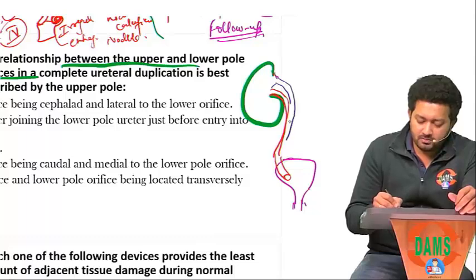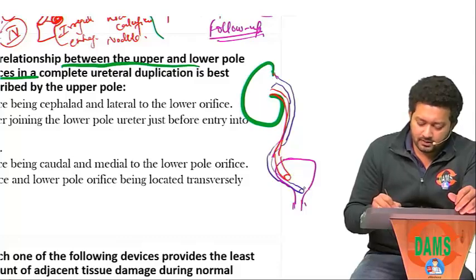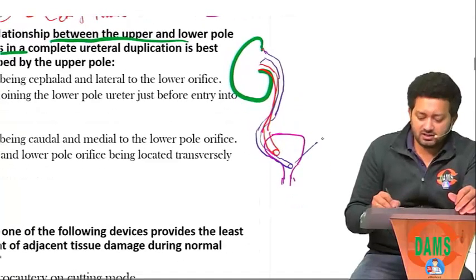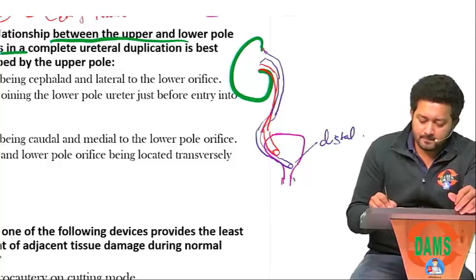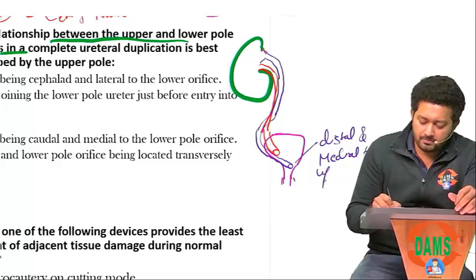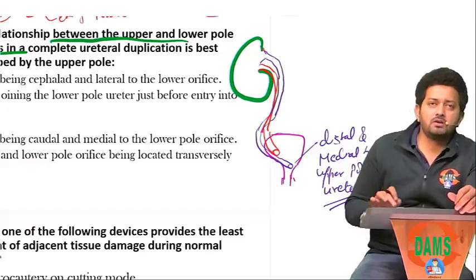In complete duplication, this upper pole ureter will turn and open distal and medial to the lower pole ureter.